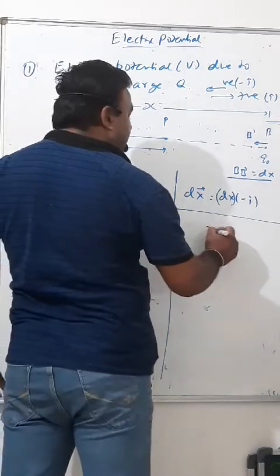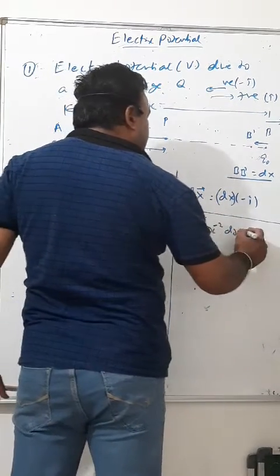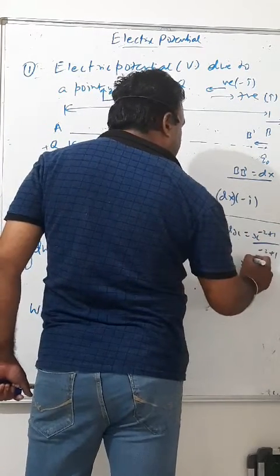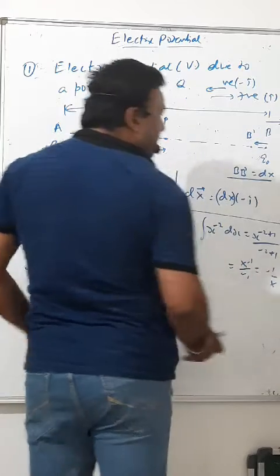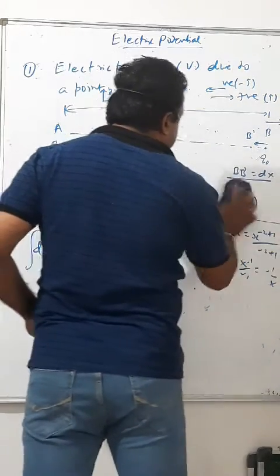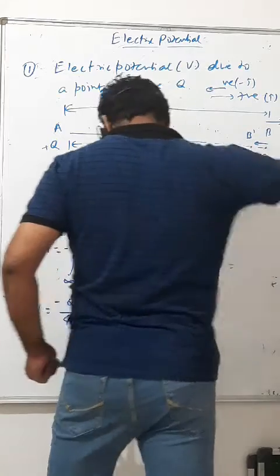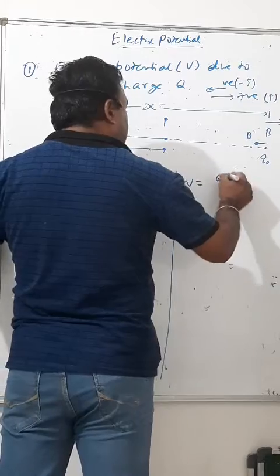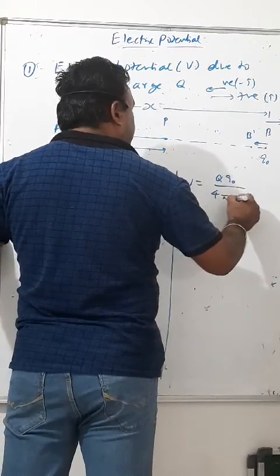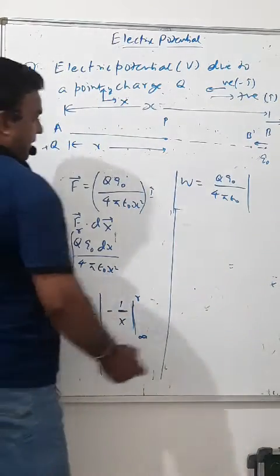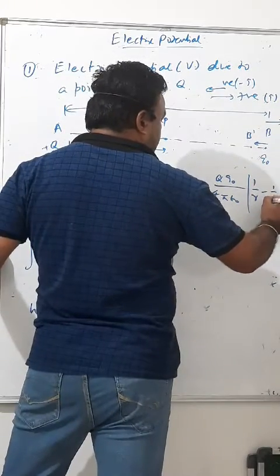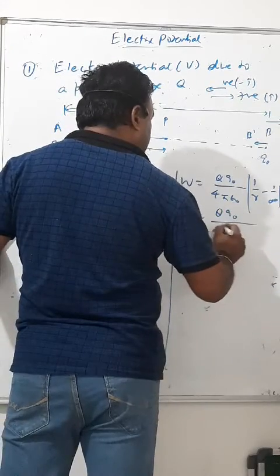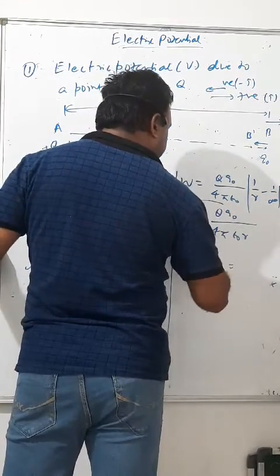For the new people, I can say the integral of x to the minus 2 dx is x to the minus 2 plus 1 upon minus 2 plus 1, which is x to the minus 1 upon minus 1, that is minus of 1 upon x. This minus minus becomes plus. W is equal to Q Q naught upon 4 pi epsilon naught times (1 by r minus 1 by infinity). W is equal to Q Q naught upon 4 pi epsilon naught r.